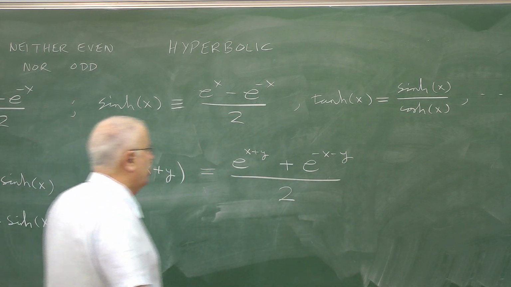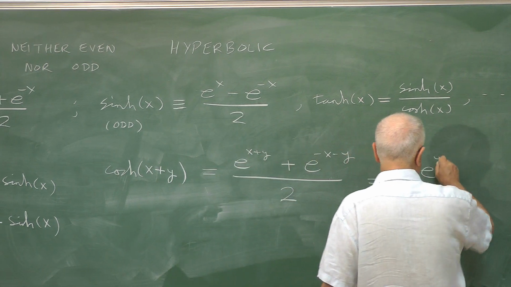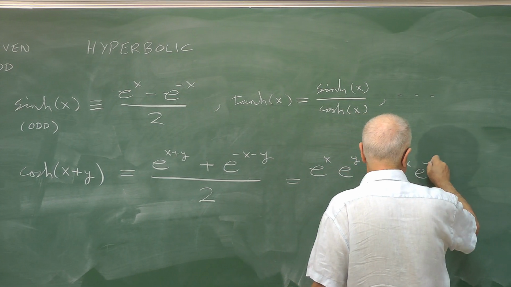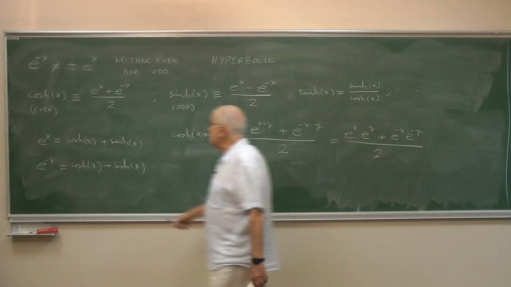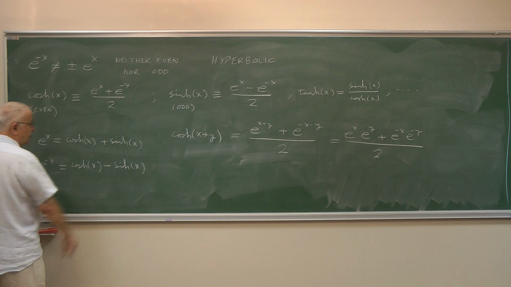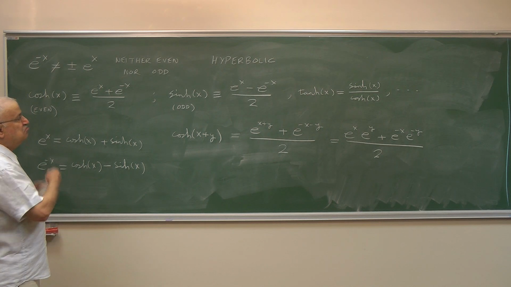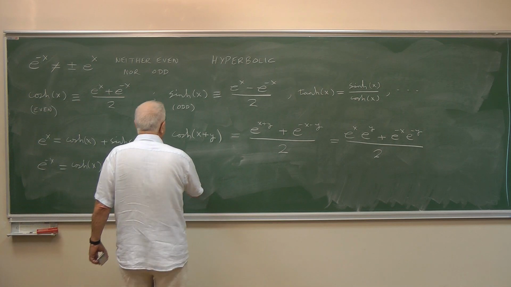And then perhaps write this as e to the x times e to the y plus e to the minus x times e to the minus y divided by 2. Bring e to the x from here, e to the minus x from here, and do the calculations. And what do we get?